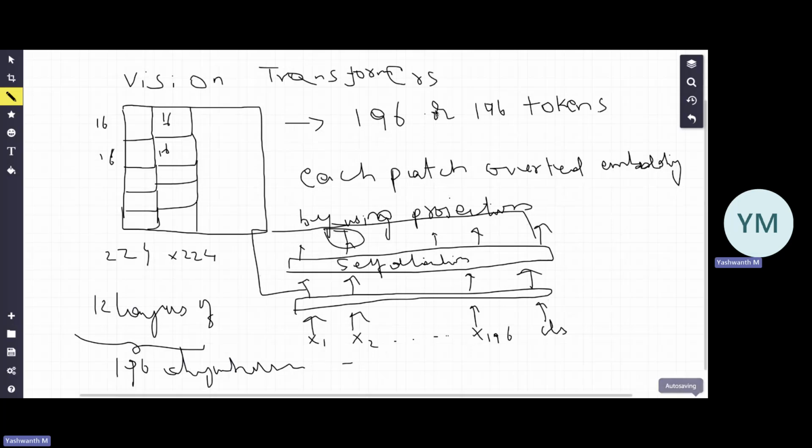The final classification is done through the CLS representation of, let's say, the 12th layer, followed by the number of classes. So this is a typical vision transformer architecture. We use only the encoder part of the text-based transformer.